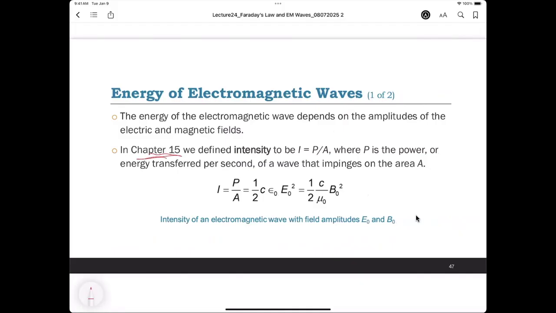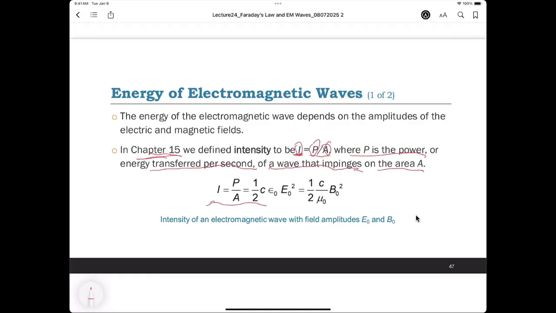We define intensity as I equals P divided by A. Here, P is the power, or energy transferred per second, of a wave that impinges on the area A. So this is the power, this is the area, and this is the intensity.